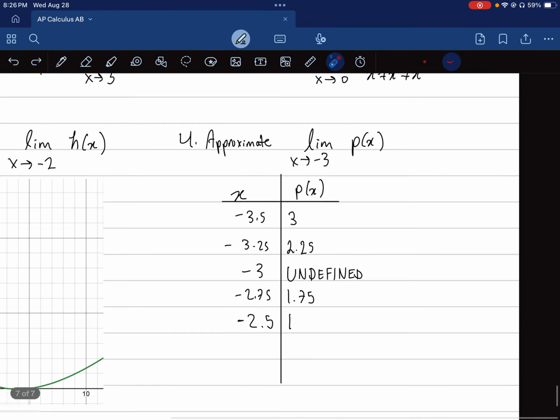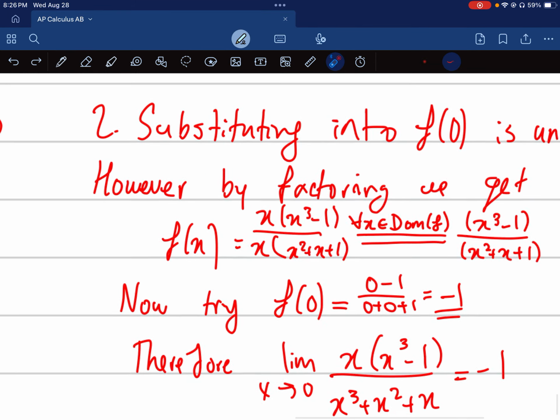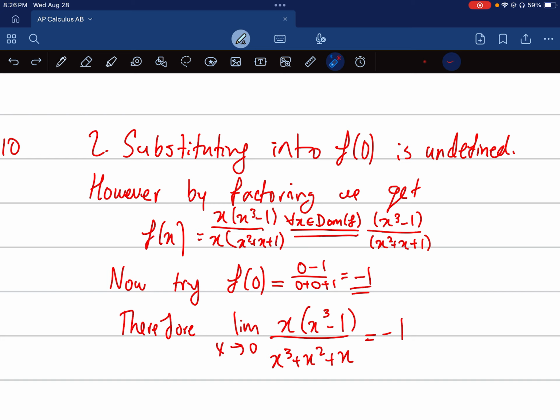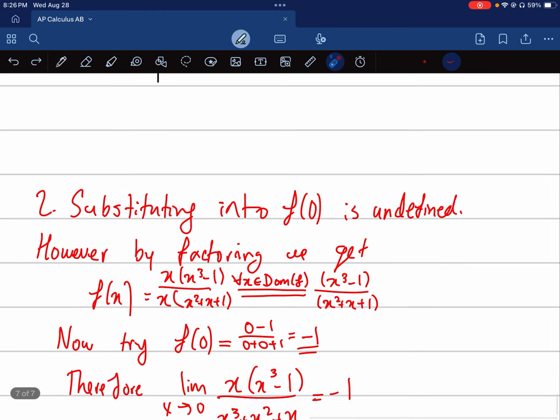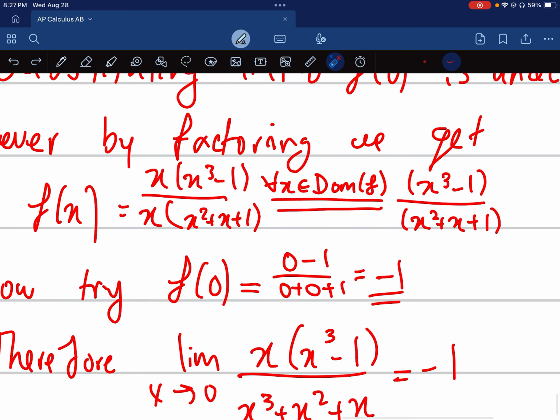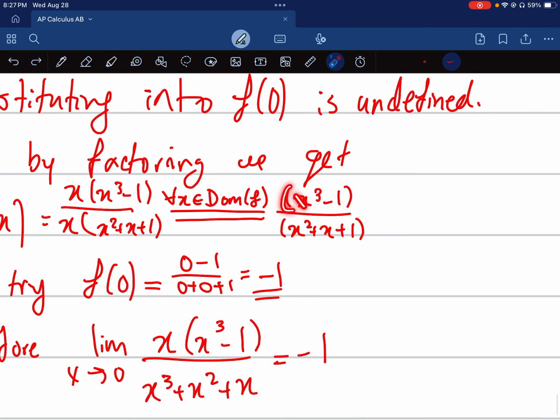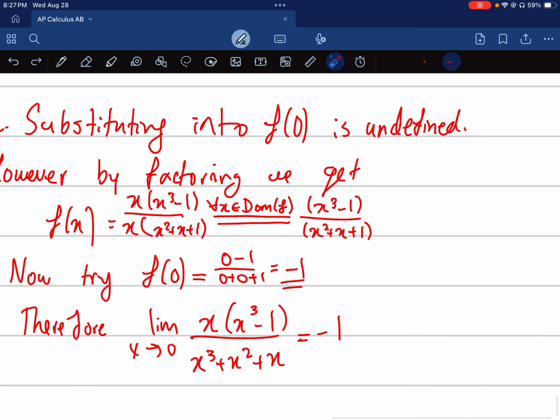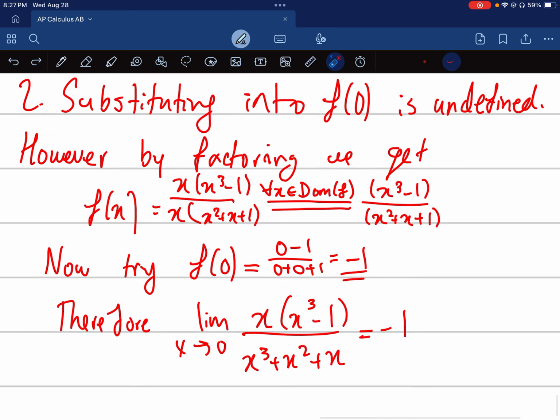So, try number 2. Now, unfortunately, substituting into f of 0 is not a suitable solution as it's undefined. However, by factoring, we get f of x is equal to x times (x cubed minus 1) over x times (x squared plus x plus 1). The x's can cancel out for us, and we will get that (x cubed minus 1) over (x squared plus x plus 1) is our new f of x.